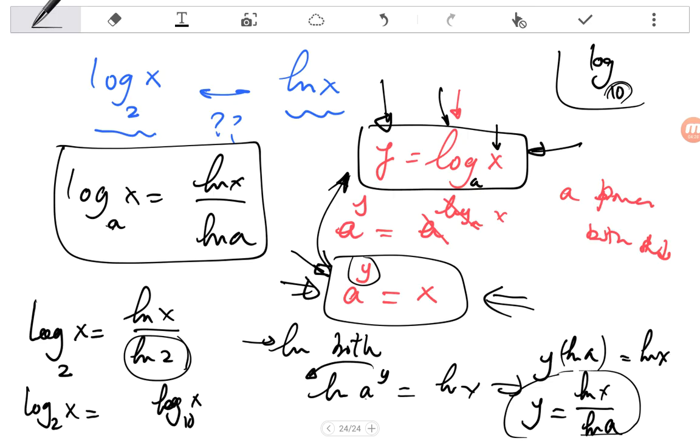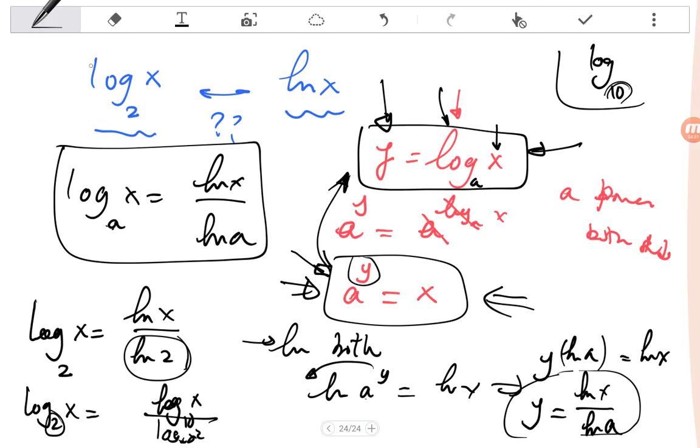In that case, log base 2 of x will be equal to log base 10 of x, over log base 10 of 2.